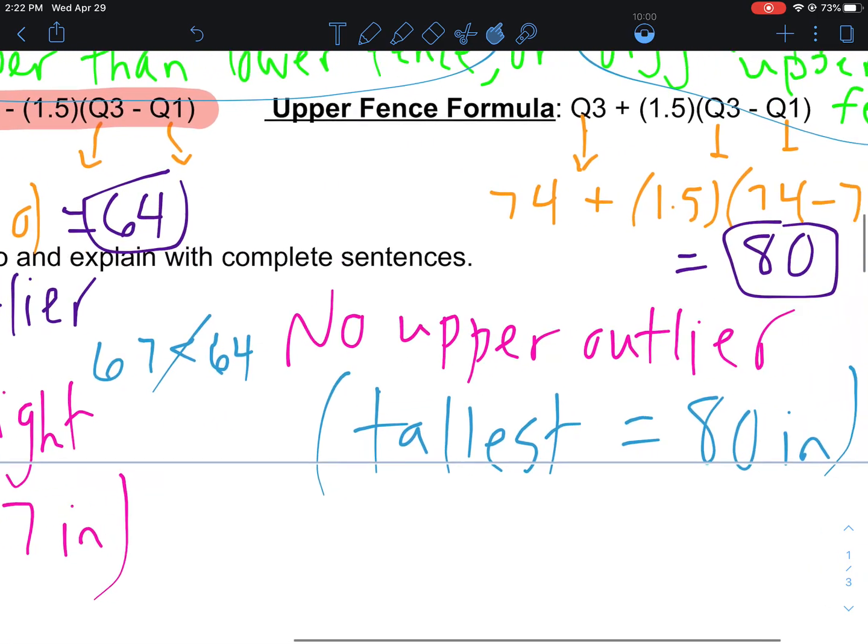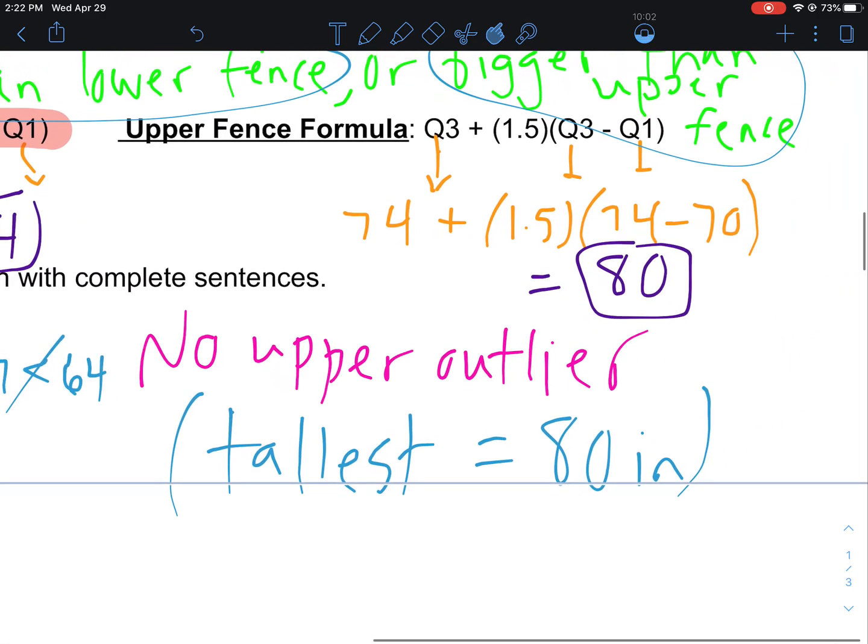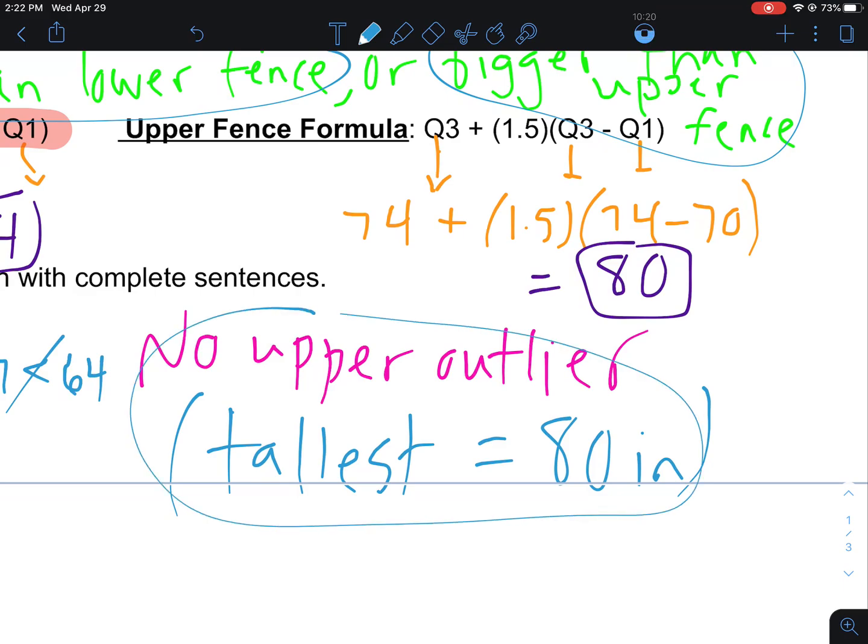Now the upper outlier needs an upper fence formula. That's what you see right here. That's Q3, or 74, plus 1.5 times (Q3 minus Q1) again, and we get 80. Now, if you remember, 80 was the tallest person on the team. Technically, you normally don't land on the fence.